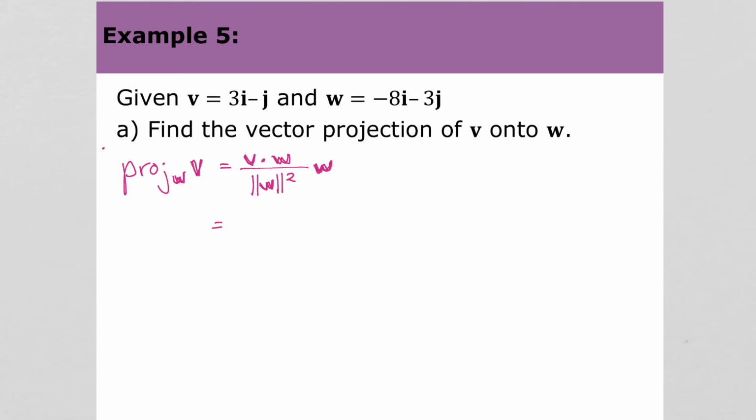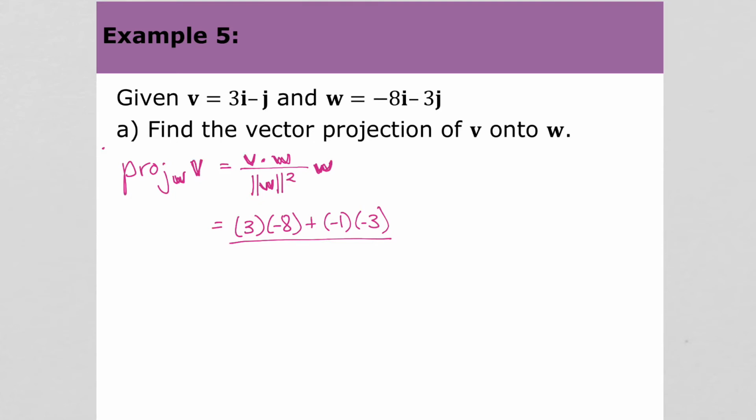So V dot W will be 3 times negative 8 plus negative 1 times negative 3. Then the magnitude of the vector W squared, magnitude is square root. So once we square it gets rid of the square root.